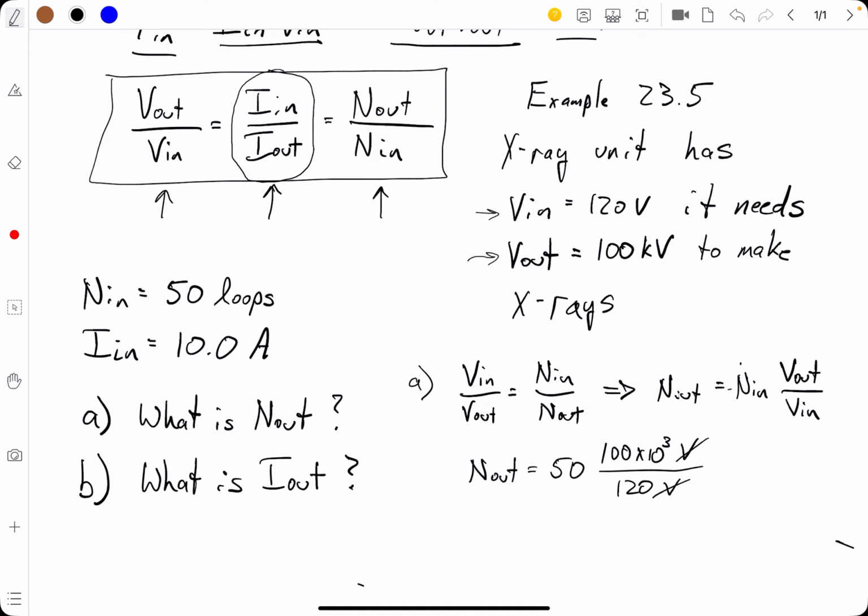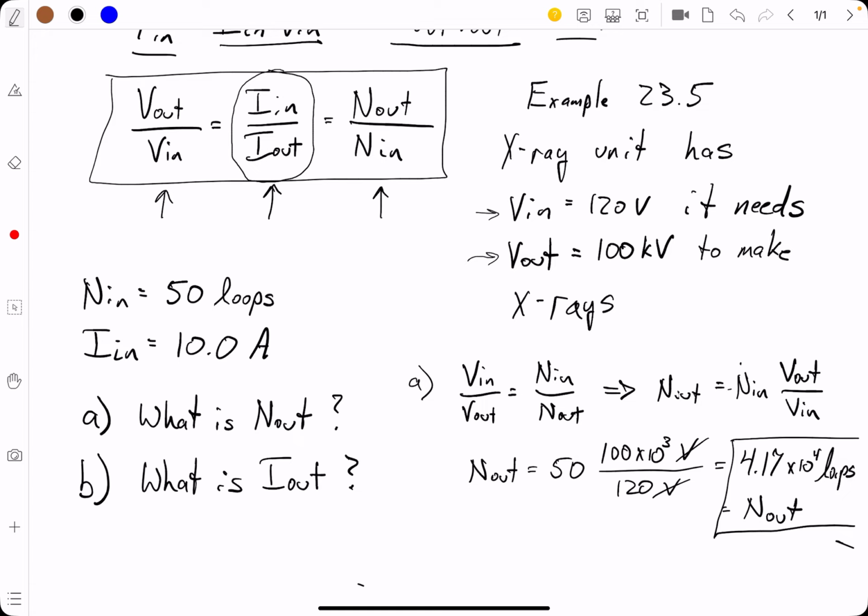And we're left with the number of loops. 100 is 10 to the 2. So that's 10 to the 5 divided by 120. It seems like a lot, and it is. It's about 4.17 times 10 to the 4 loops. All right, so that's our N out. We can box that in there.